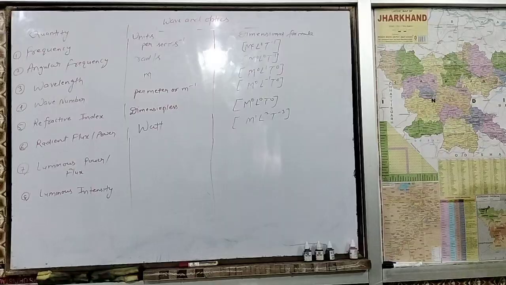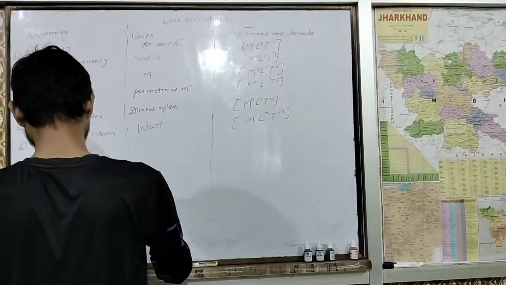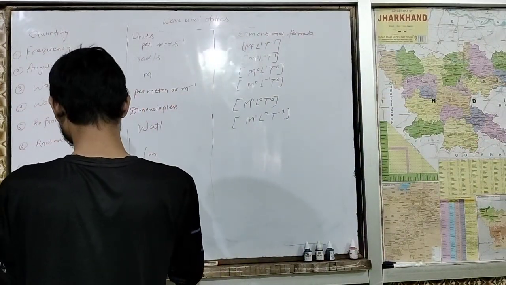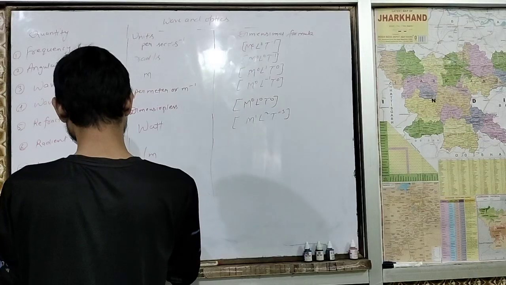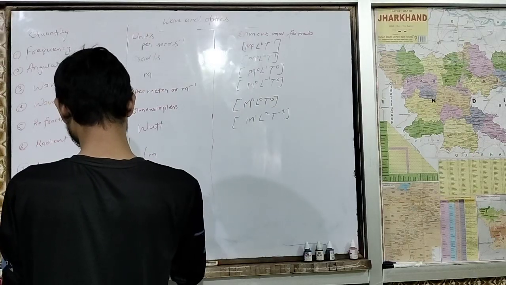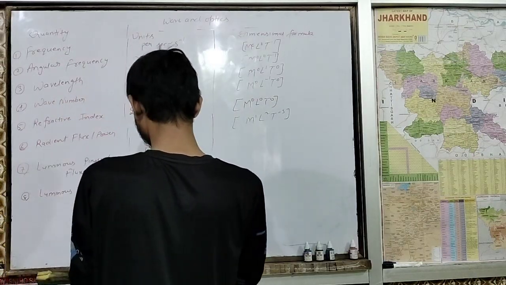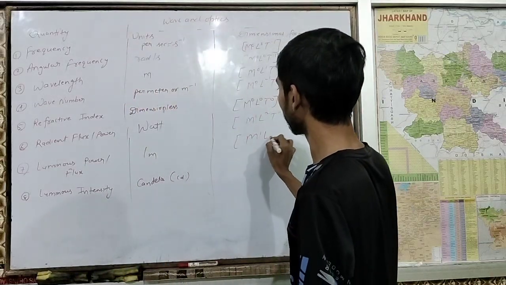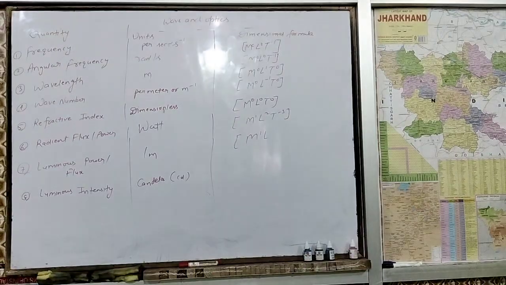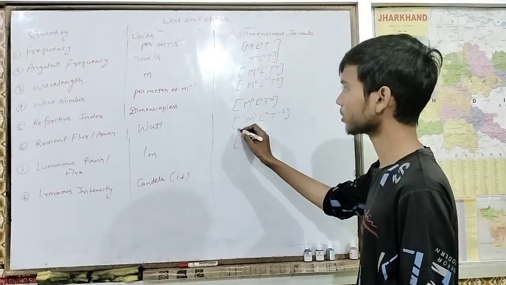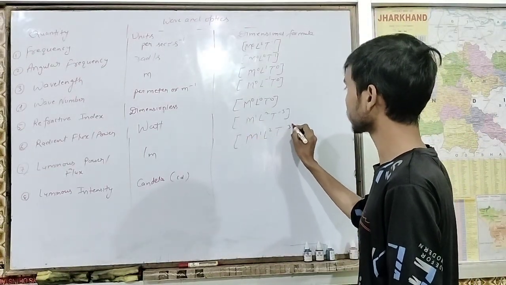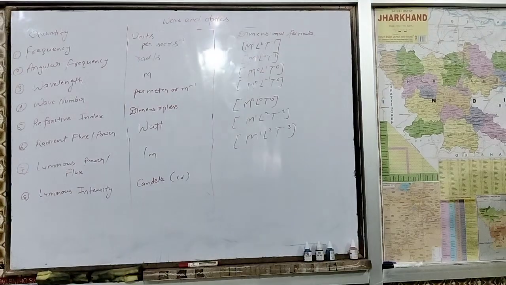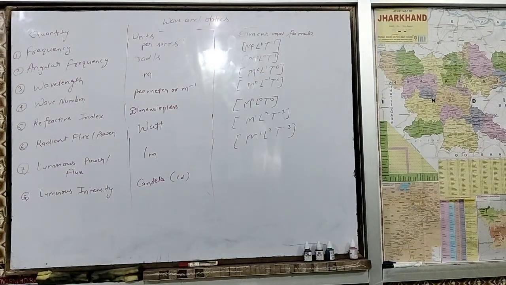For this, luminous power would be M1, L2, T minus 3. Both are the same. Luminous intensity is also the same.